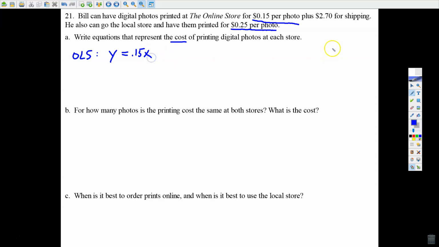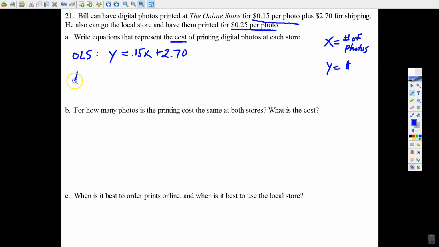So I'm going to let x be the number of photos, and y will be how much I pay. What you pay really depends on how many photos you turn in. And then we've got this shipping charge that gets added on. That's going to be involved in the cost. So that takes care of the online store.